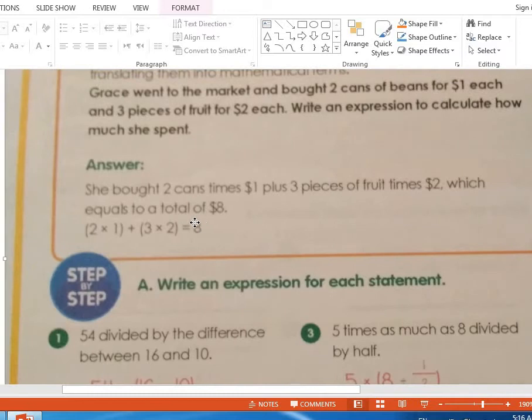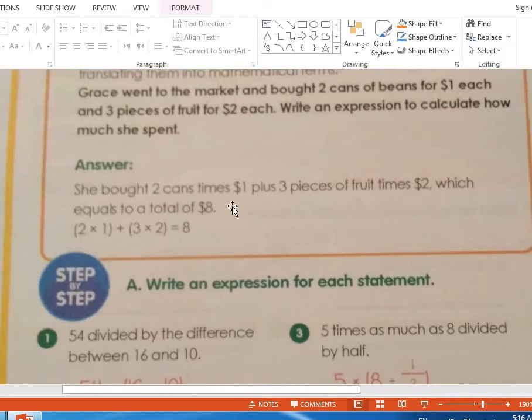Okay, Razan, she bought 2 cans times $1. Plus 3 pieces of fruit times $2, which equals a total of 8. How can I solve it again? 2 times 1 plus, because she bought what?